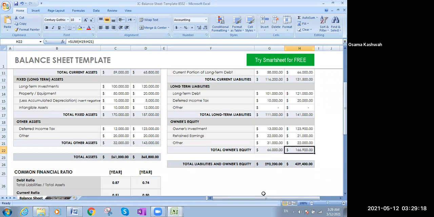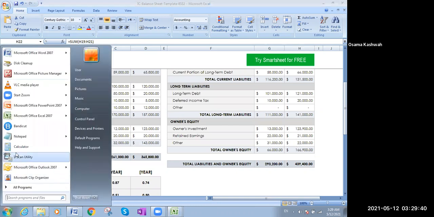To compare between both of them, the balance sheet must be balanced. So we have to look for the gap. Where is the gap? This is 293,000 and this is 261.